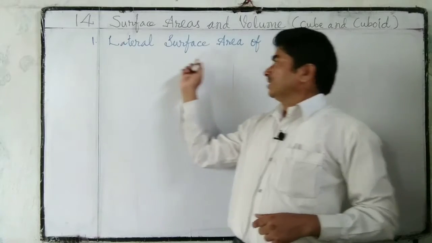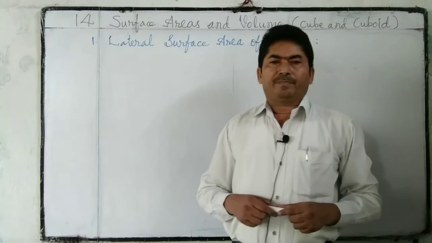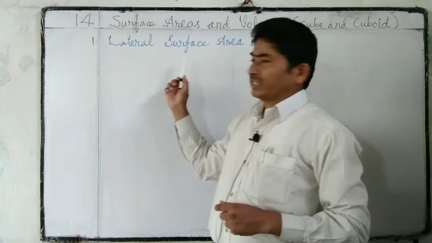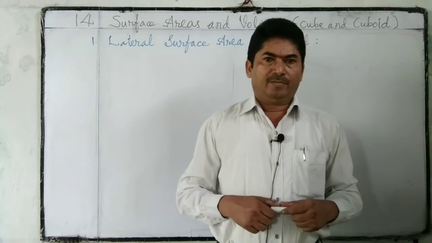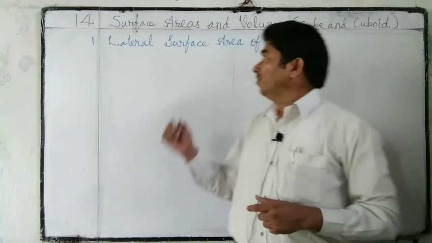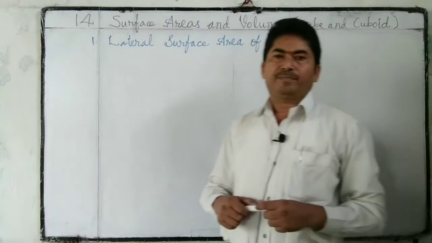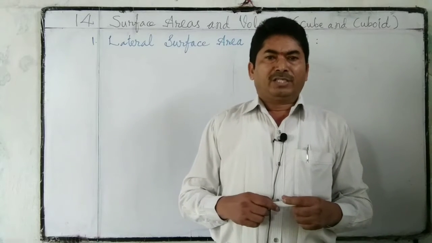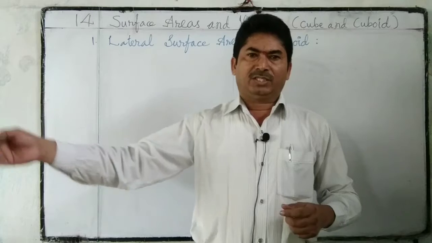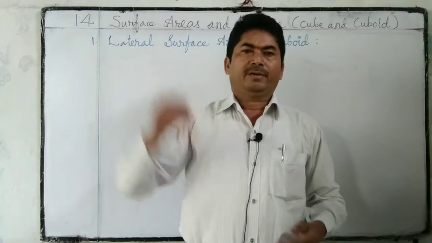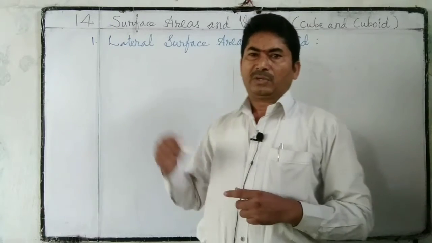First, lateral surface area of a cuboid. Before discussing lateral surface area of a cuboid, first we have to know what is a cuboid. A solid object which has length, breadth, height is called a cuboid.